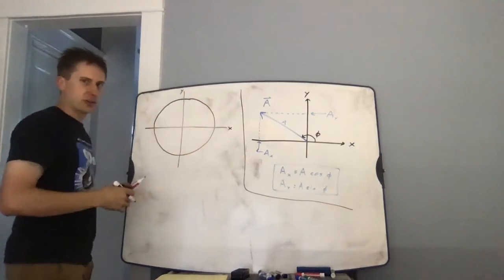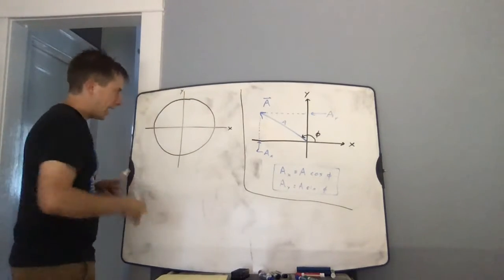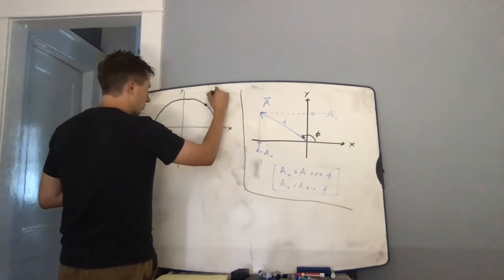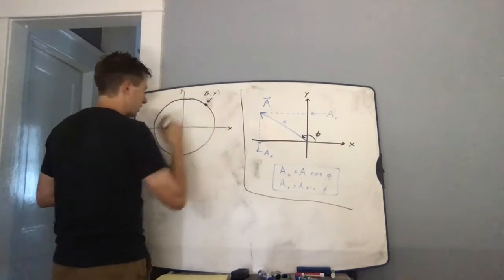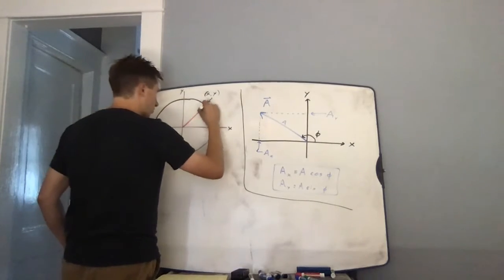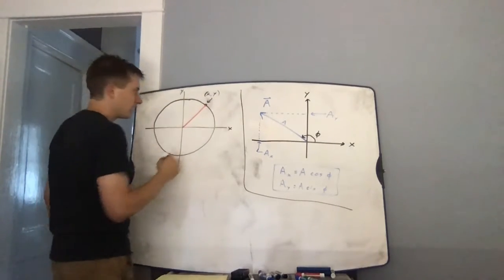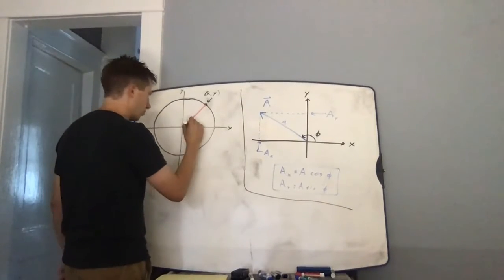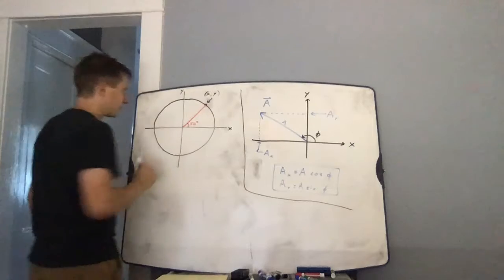It's just like the unit circle, but I made it bigger. And we want to ask, what is the x and the y coordinate of this point? So here is a line drawn from the center of the circle out to that point. And let's say this angle is, I don't know, let's say it's 50 degrees now.